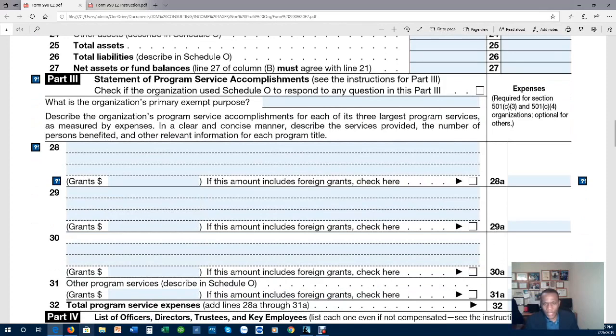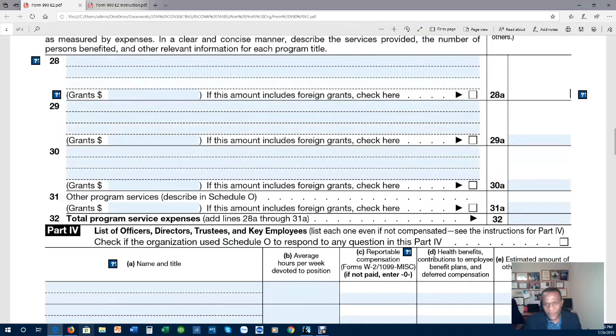Okay, on line 28, and then grants, you will indicate the amount of grants, and if this amount includes foreign grants, you will click here. Like, per se, if you receive a grant from another country apart from the US, you will indicate it here, and the total amount will be here. And then same thing for each program: the first largest, the second largest, and the third largest program.